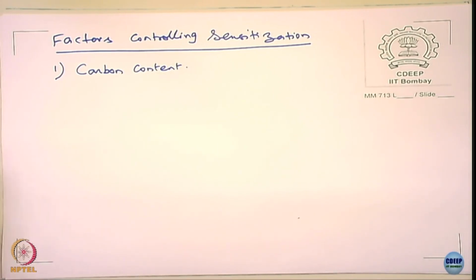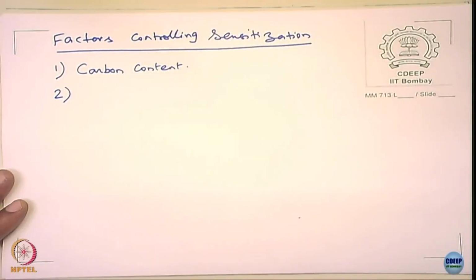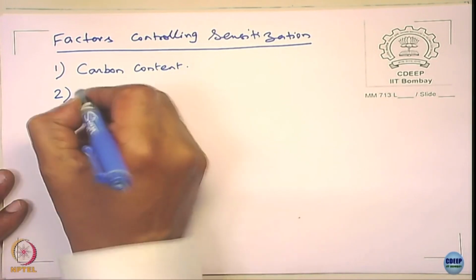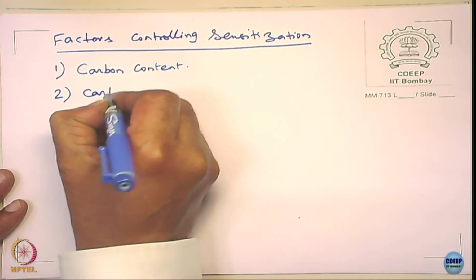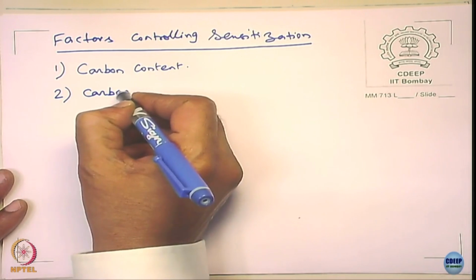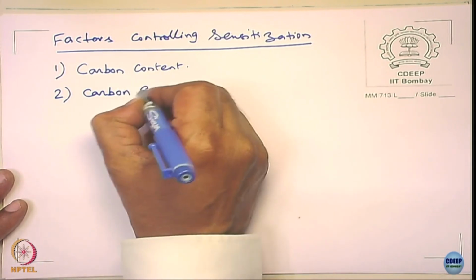If you have higher carbon content, what will happen to kinetics? It will be faster, right? I use a very crude term, carbon getter.